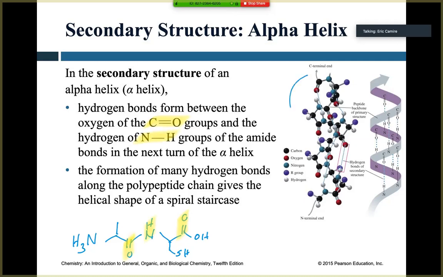Not super easy to see in this figure, but the idea is that these amino acids are spiraling upwards. And as you spiral upwards, you could have a carboxy terminus making a hydrogen bond with a lower amide group. And that's what you keep seeing through this figure here. And those hydrogen bonds are actually giving structure to this secondary structure.